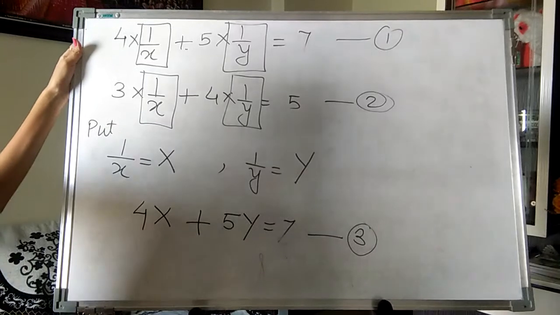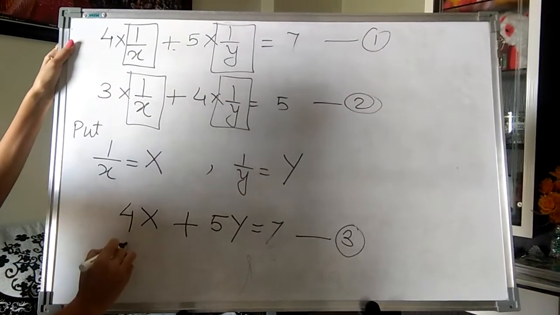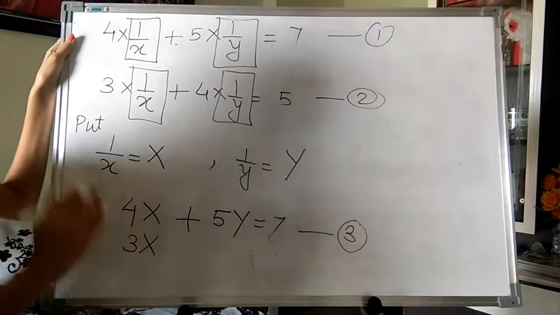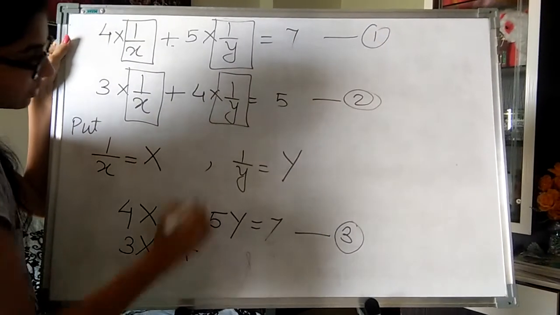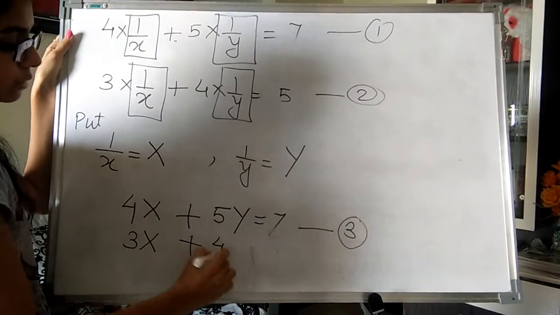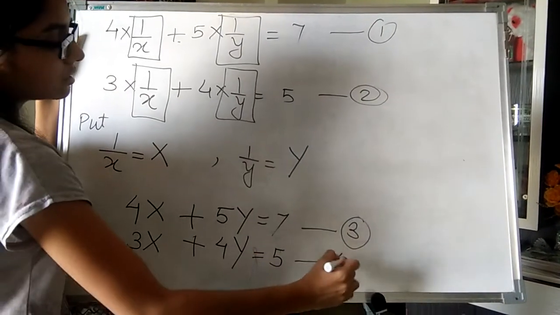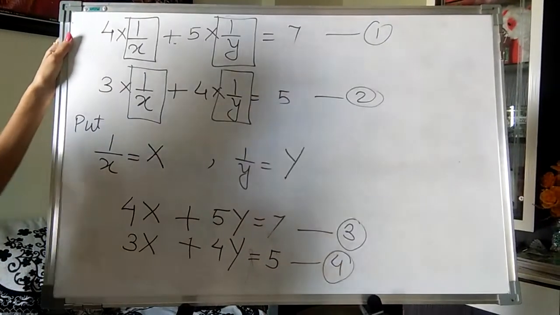Same goes for the second equation. 3 into 1 upon x, 1 upon x is capital X. So it becomes 3 capital X plus 4 into 1 upon y, and 1 upon y is capital Y. So it becomes 4 capital Y, equal to 5. This is equation number 4.